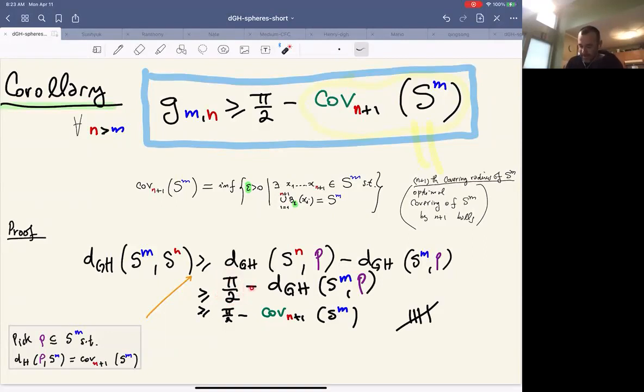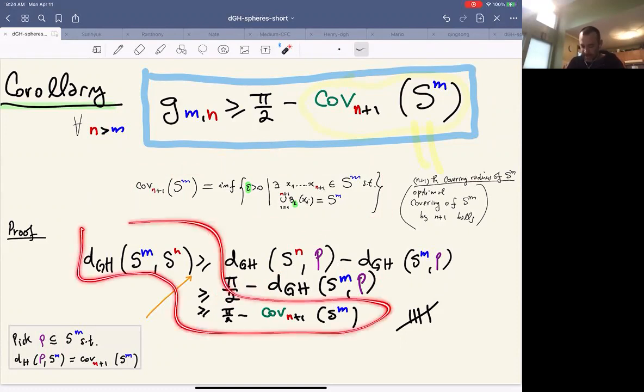And here I still retain P, and then I choose P to be a subset of S^m with cardinality n+1, realizing this bound. That can be done, so hence we obtain this lower bound.